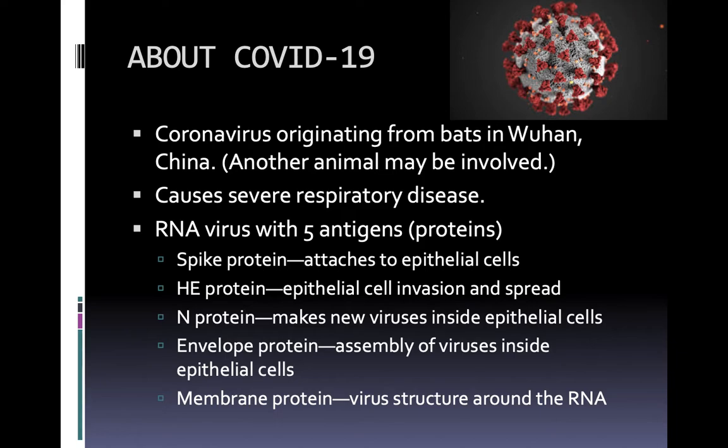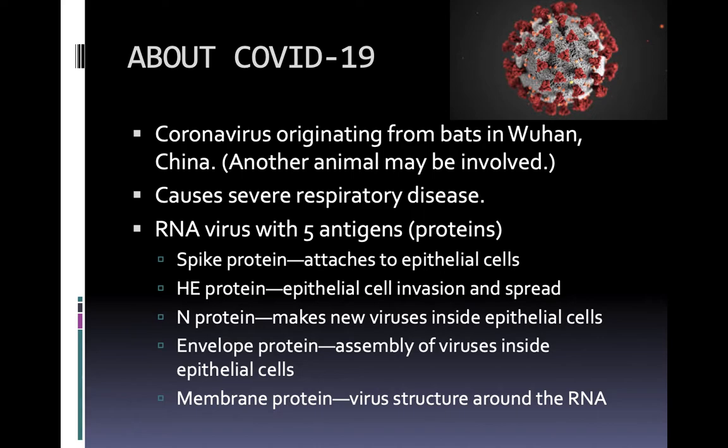And we know about epithelial cells already, and how they could be a variety. Well, they don't necessarily have to be flat. They can be squamous, columnar, cuboidal. But for this one, we specifically know that the spike protein goes after ciliated epithelial tissues, which are rampant in our lungs.